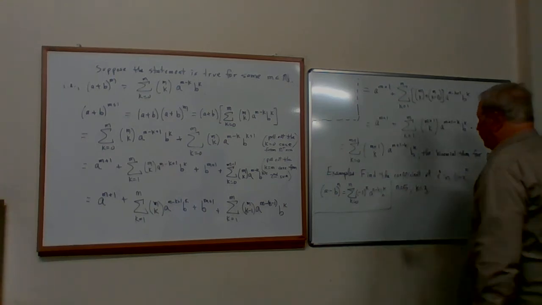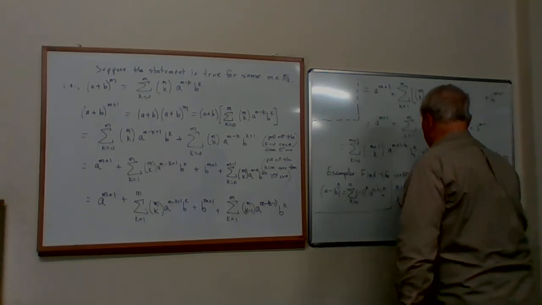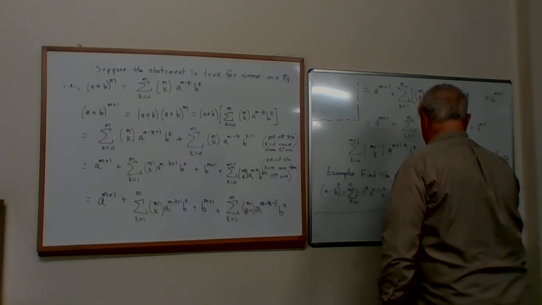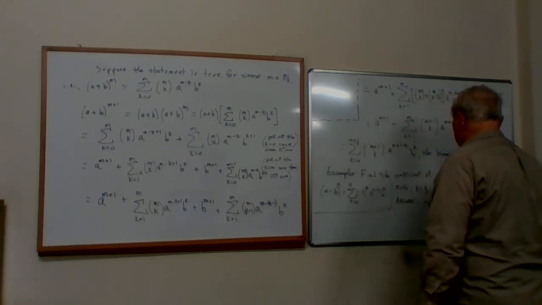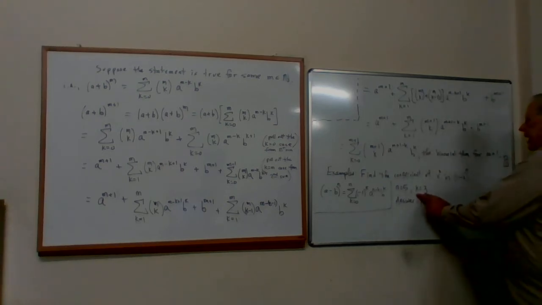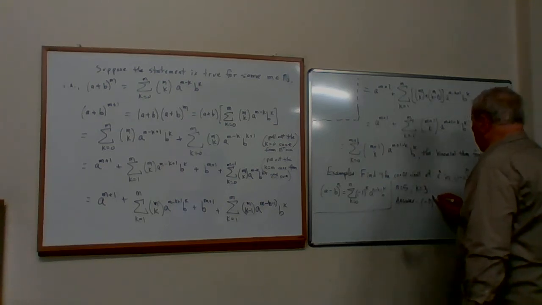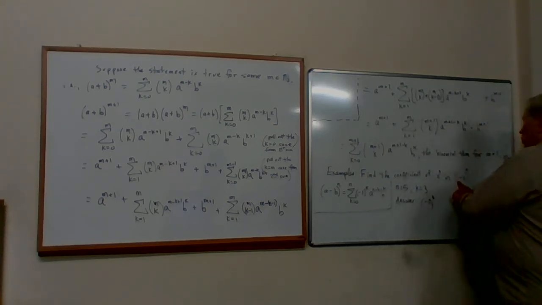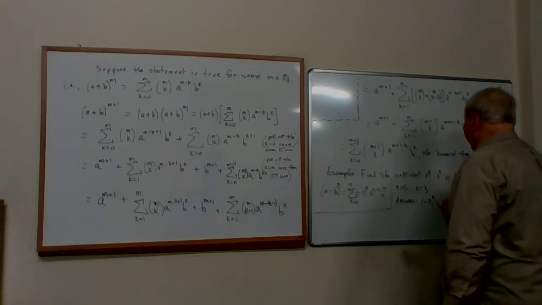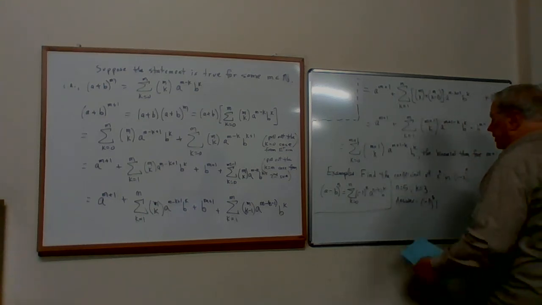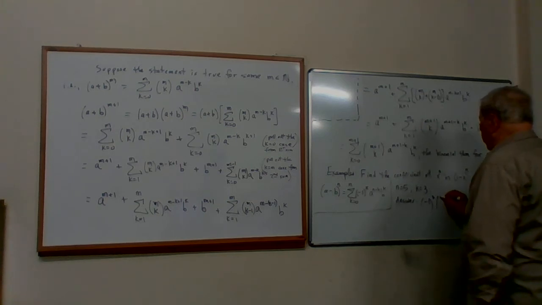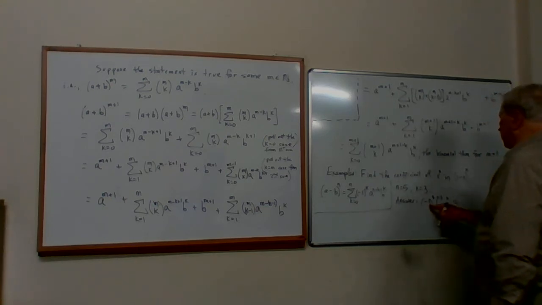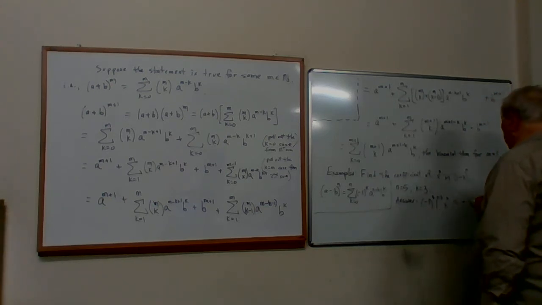So what's this coefficient? So here comes the answer. Minus 1 to the k to the 3. A, which is 1, it doesn't matter what the power is, but I'm going to write it anyway. 1 to the 5 minus 3 power times x to the 3, which is equal to minus x cubed.